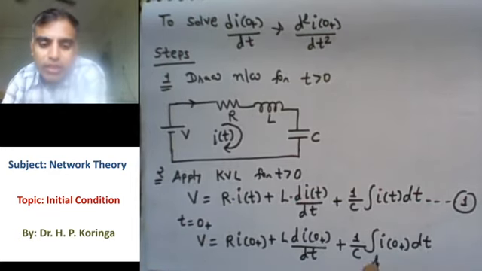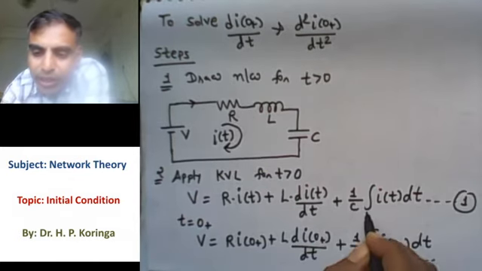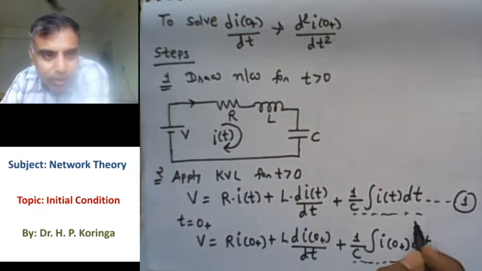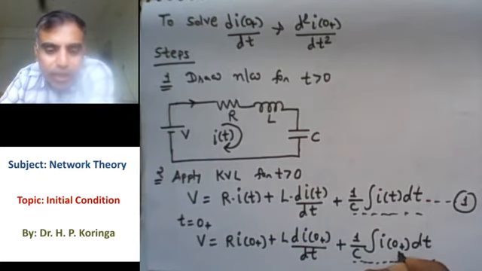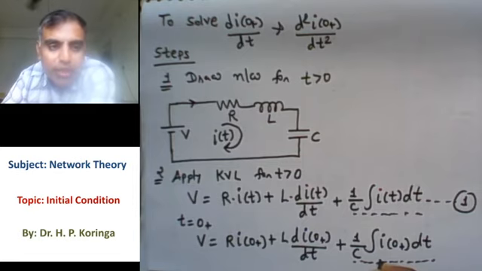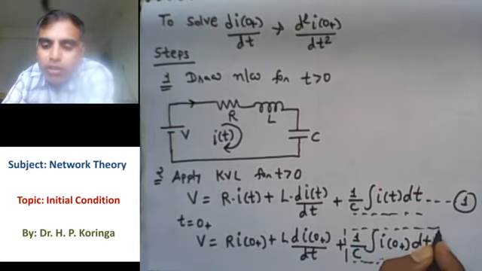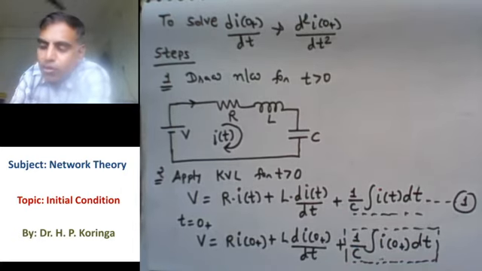Now let's see what this last term indicates. The last term indicates the voltage across the capacitor at t is equal to 0 plus time. So what is the voltage across the capacitor at t equal to 0 plus?